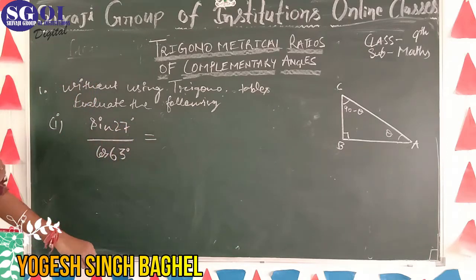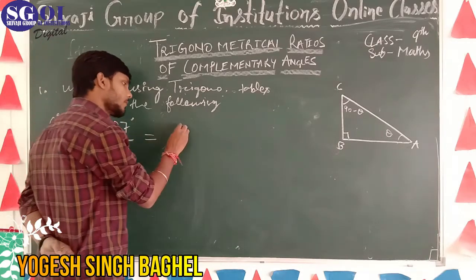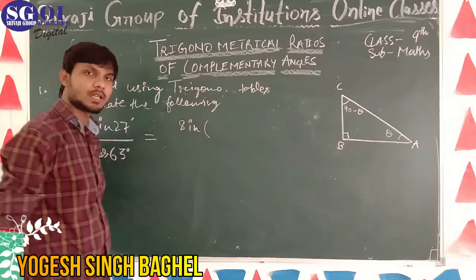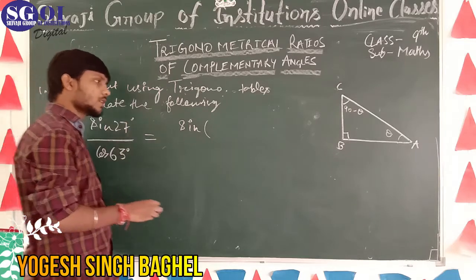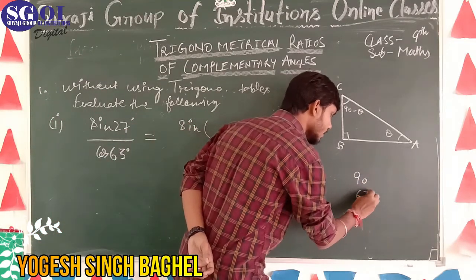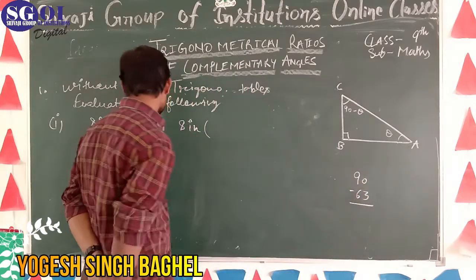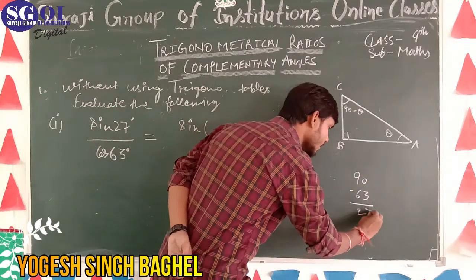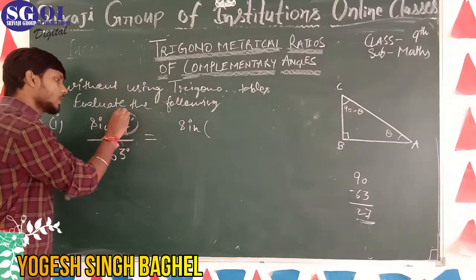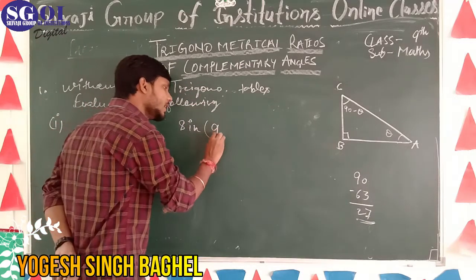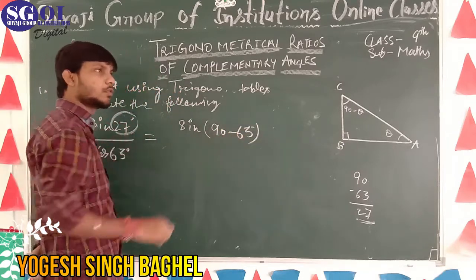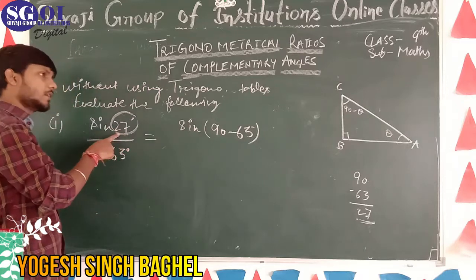Sin 27 degree, we can write 27 as 90 minus 63. If we subtract 63 from 90, we get 27.